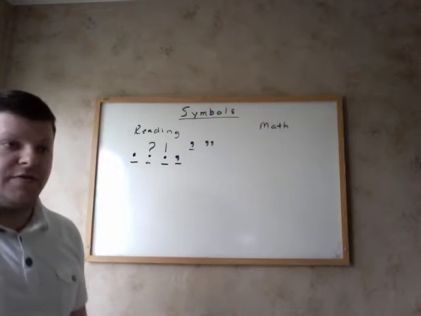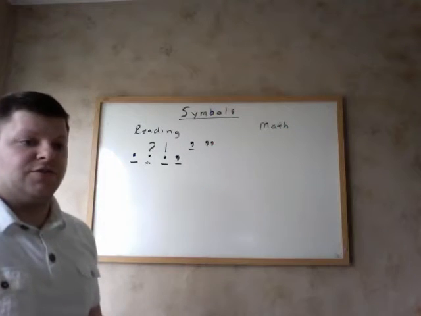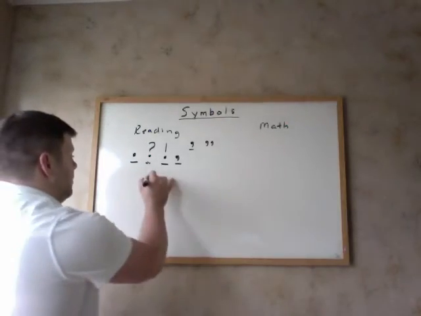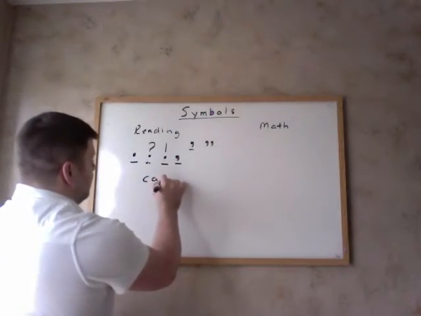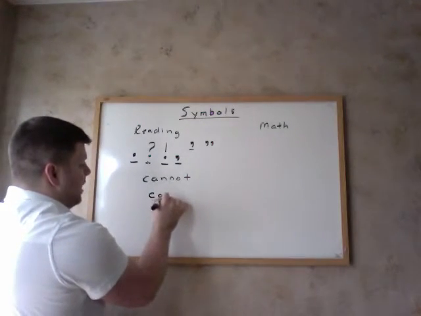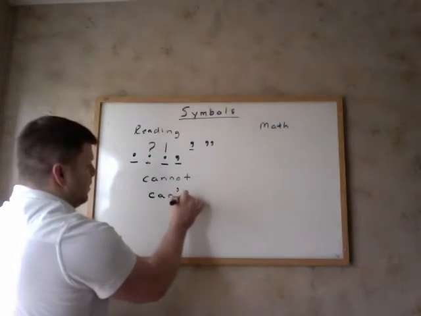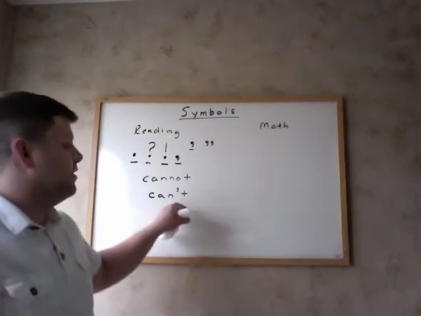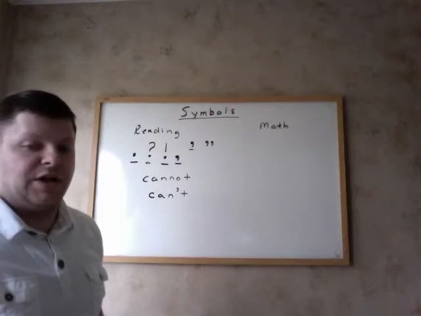It's called an apostrophe. Apostrophes are used in two scenarios. One is to make a contraction. So if you take the word cannot and want it to be can't, you use the apostrophe to change the word.